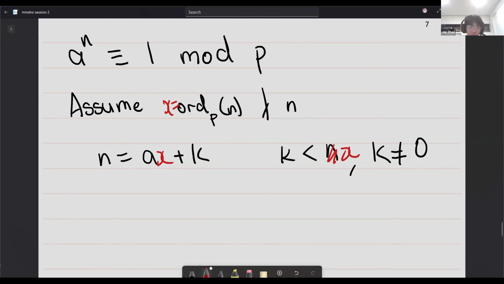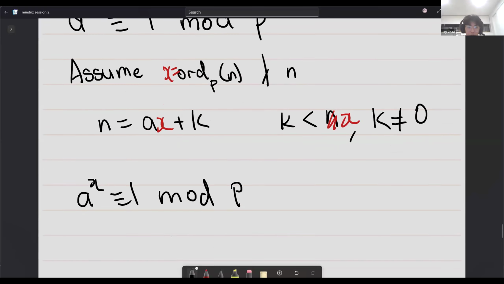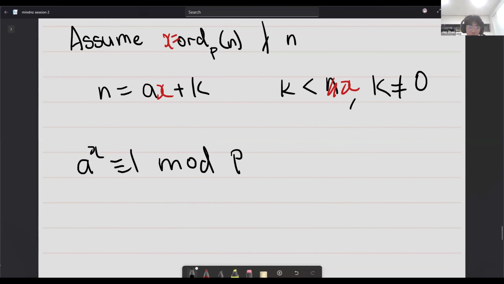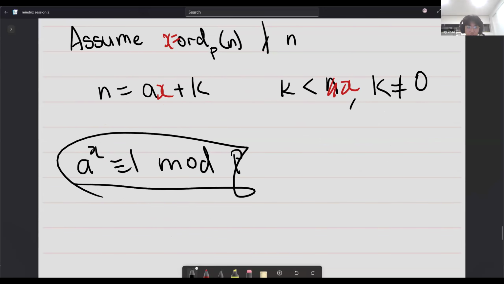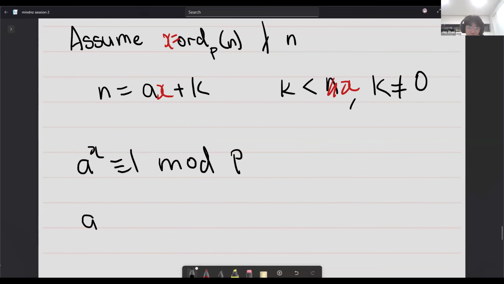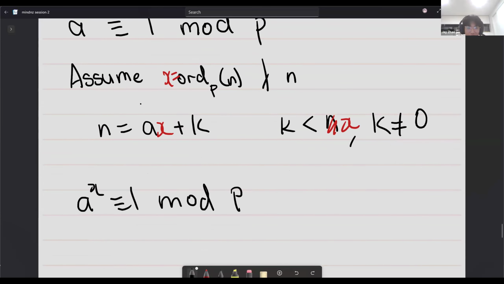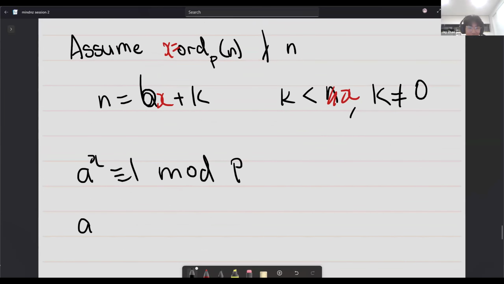So then we know that a to the x is congruent to 1 mod p, because x is the order, and this is just by definition. Then also, oh wait, I should not call that a. Okay, I'll call that b. A to the bx plus k is also equal to 1 mod p.